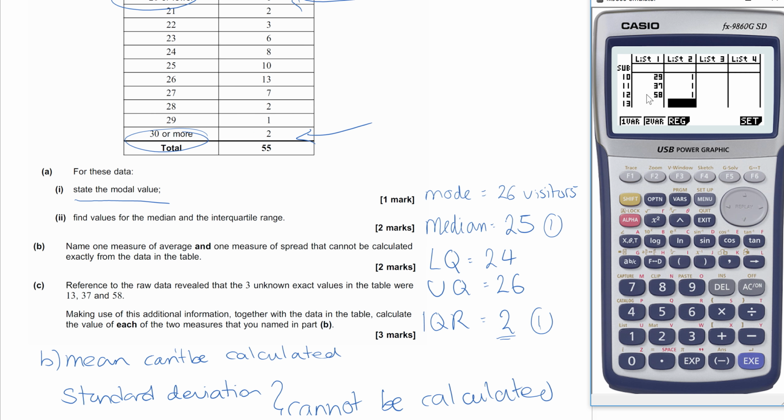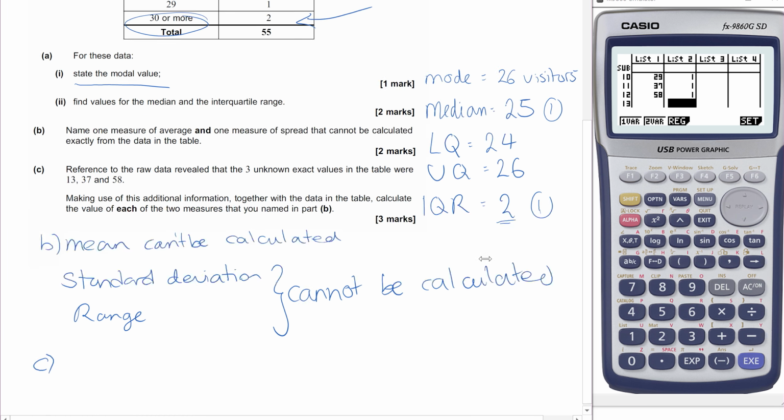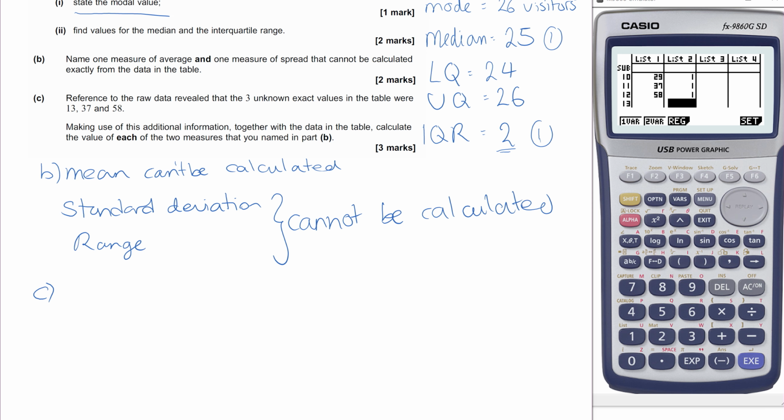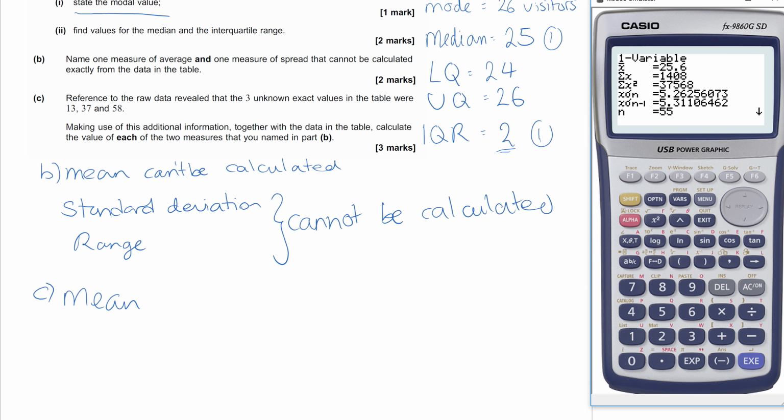Now, depending on what you've written, obviously changes what you're going to do here, but for part C, the mean, we can now calculate once again by going back into our first variable. So the mean, x bar, is 25.6 visitors, so that's our mean number given the information that we've got.